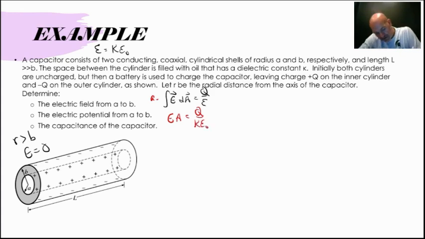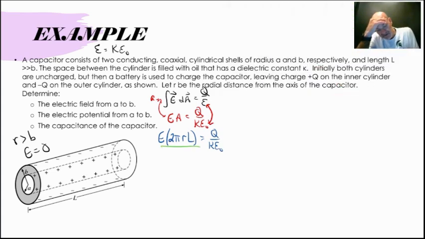So I took that equation we just wrote and substituted in here. The integral is always just going to be EA, but the surface area is a cylinder, so it's the length of the cylinder, that is 2 pi rL. Actually, I'm going to write a lowercase r, because in the next section, that's what we're going to integrate through. So Q over kappa epsilon naught.